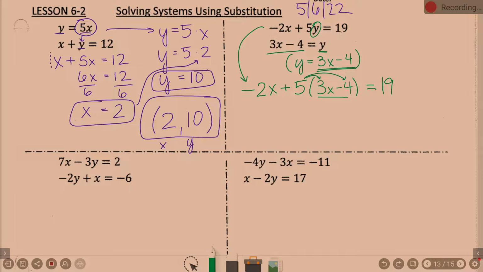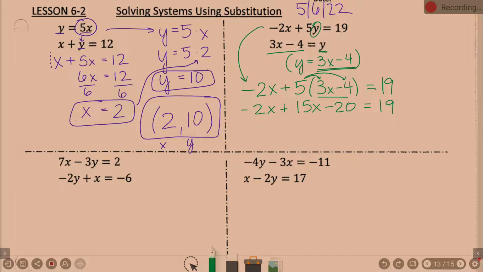Negative 20. Okay, so negative 2x carries down, plus 5 times 3x, 15x. 5 times minus 4, negative 20, equals 19.